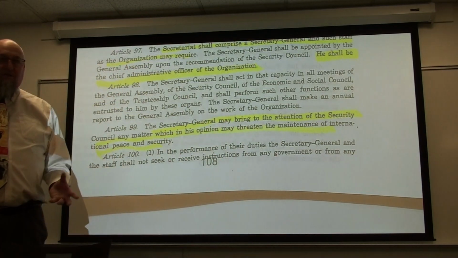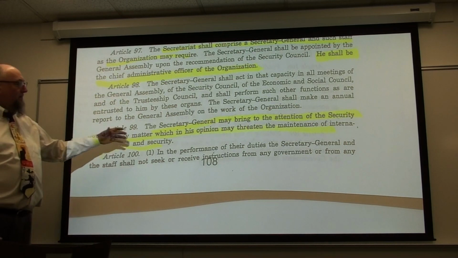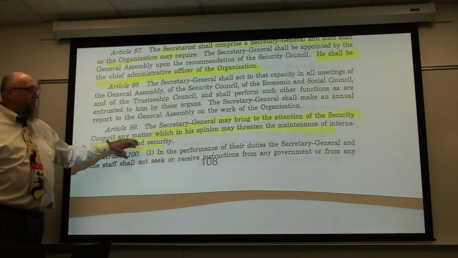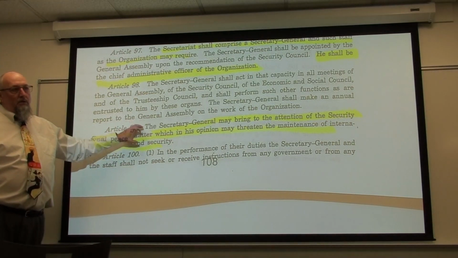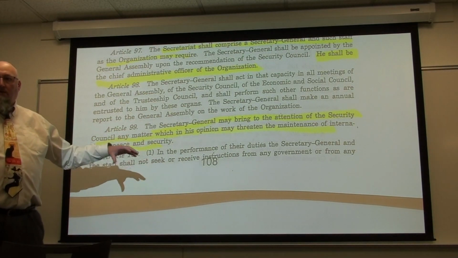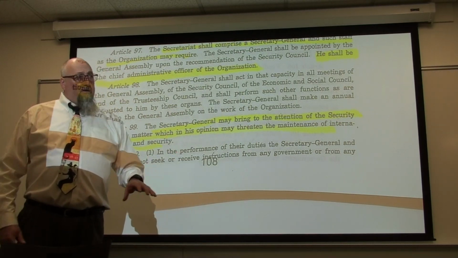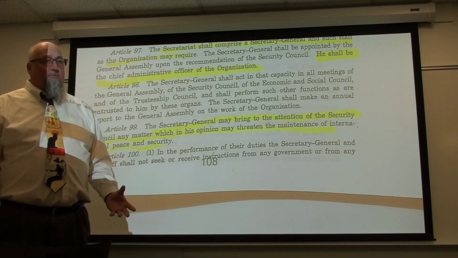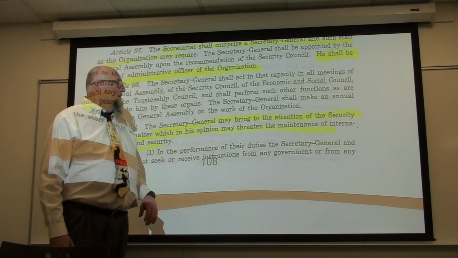The Secretary General is going to have to make a decision if it's something worth taking up to the Security Council. But this is one way in which we have direct enforcement power by the Secretary General. The Secretary General in and of himself doesn't have enforcement power, but can initiate it through the Security Council.